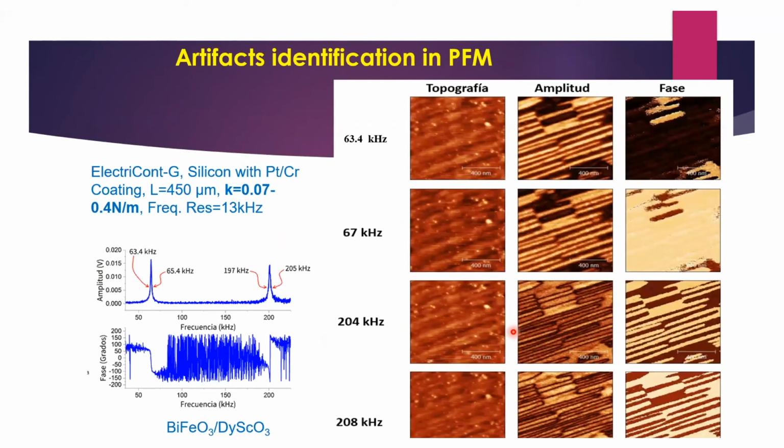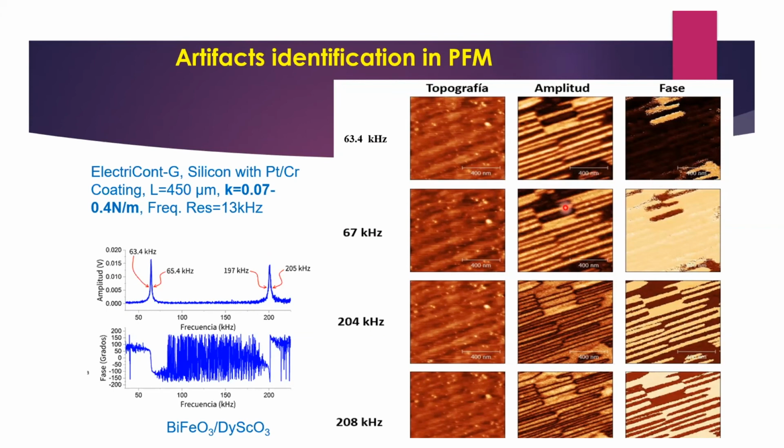When you use a soft tip, you can obtain this kind of measurements by using the first resonance frequency of the cantilever. This is the first resonance frequency, and for soft cantilevers, you obtain this kind of measurements.